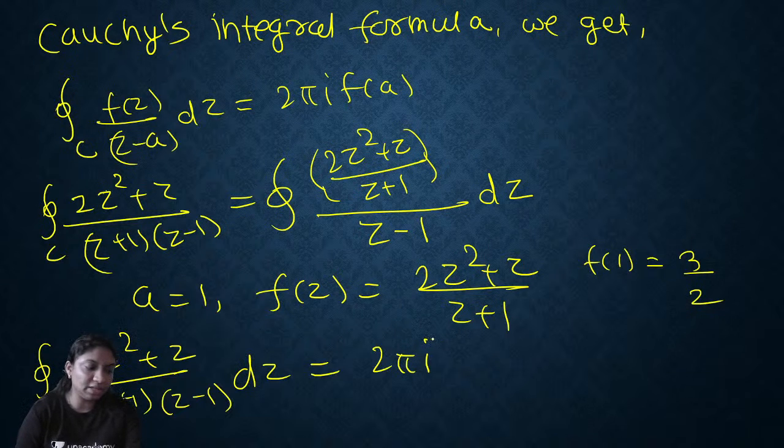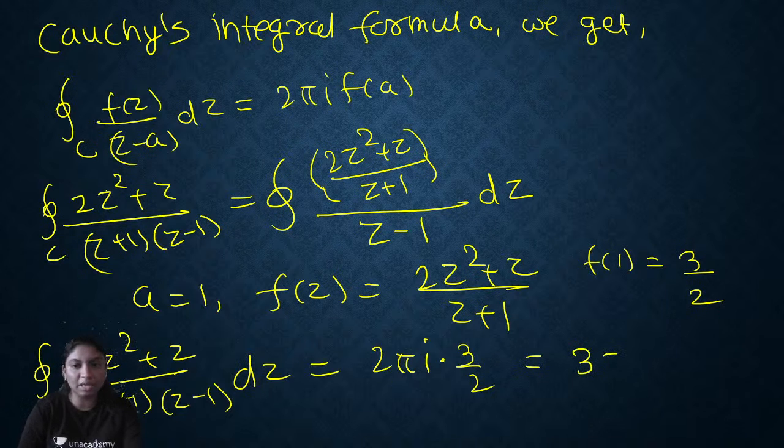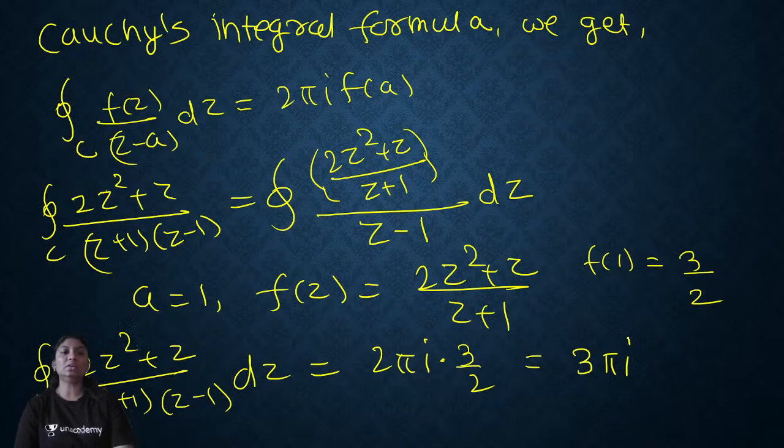So you will get 3 by 2, right, into 3 by 2. So the 2 gets cancelled out. So 3 pi i is the value of the closed integral over the curve C, where one point lies inside the curve C and the other point lies outside the curve C. Then how to evaluate this integral?